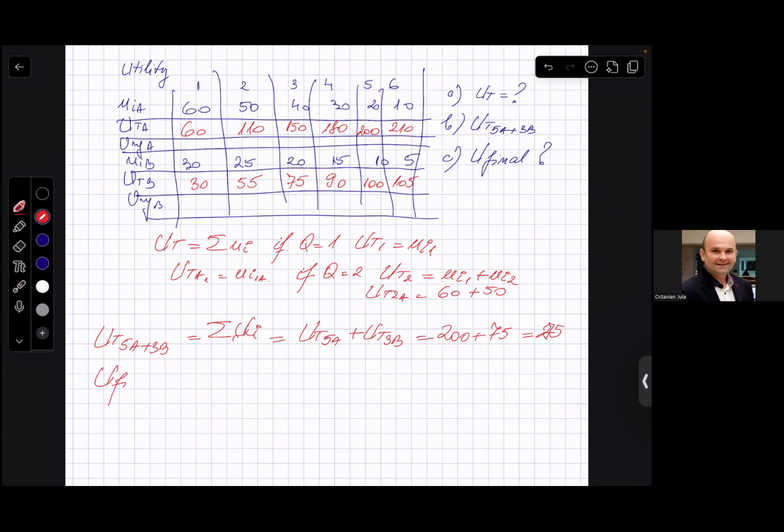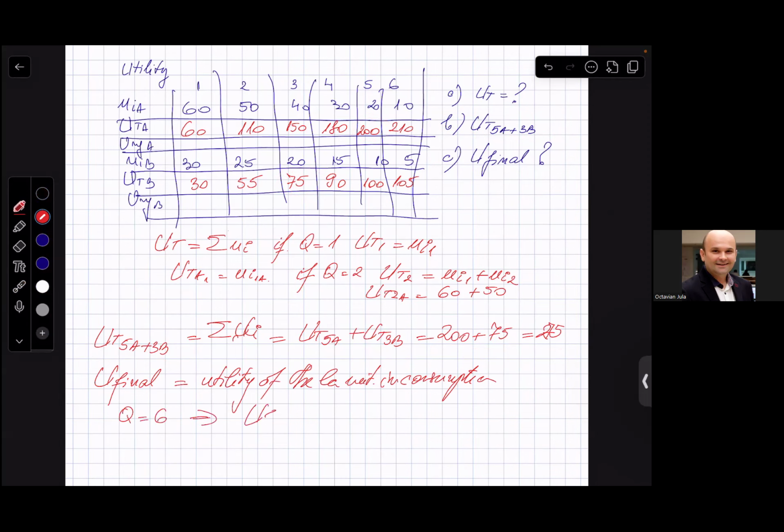What does the final utility mean? It is the utility of the last unit in consumption. In this case, the utility of the last unit in consumption, in each case, the quantity is 6.